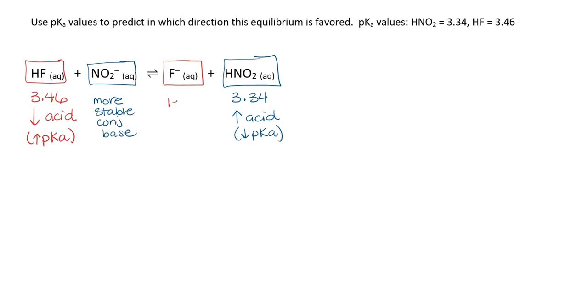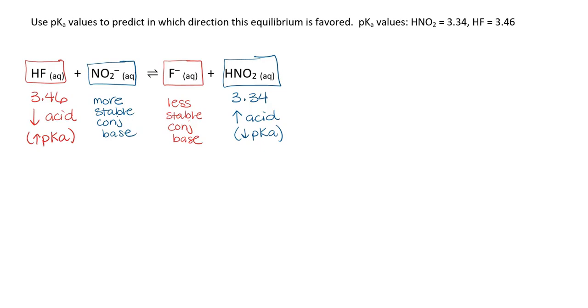And fluoride is the less stable conjugate base. This argument about the stability of the conjugate base comes up over and over again in organic chemistry, and understanding it now will help you out a lot when you get to those courses.